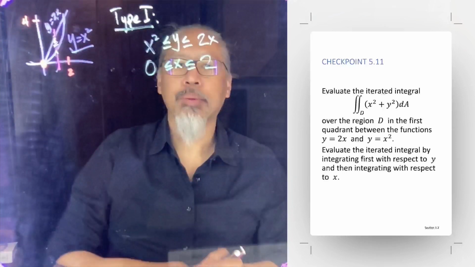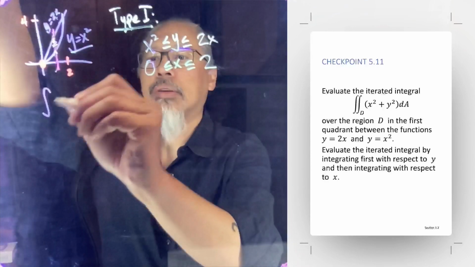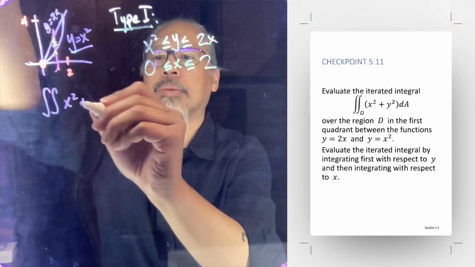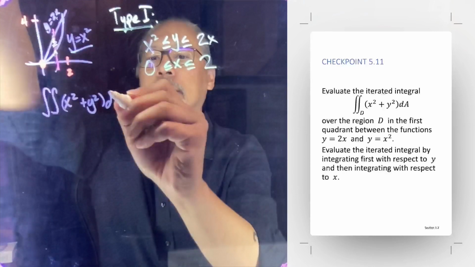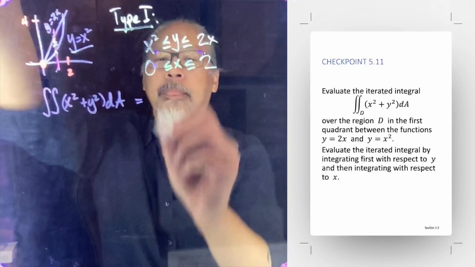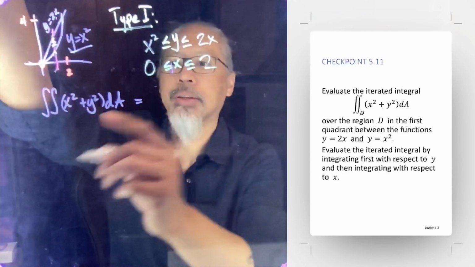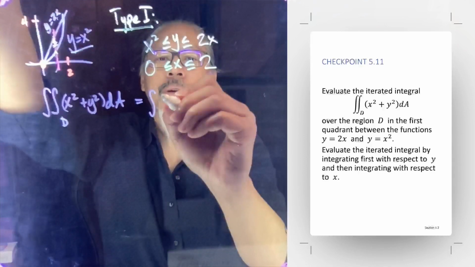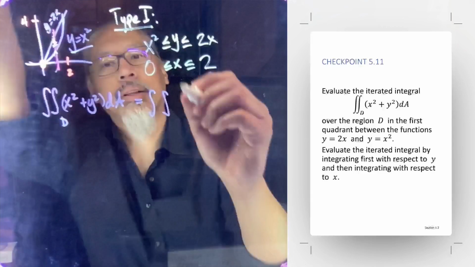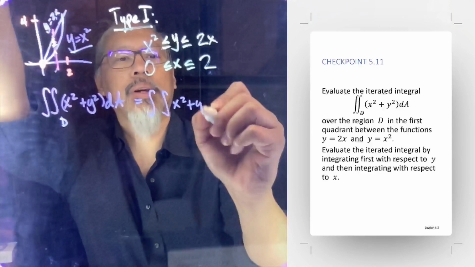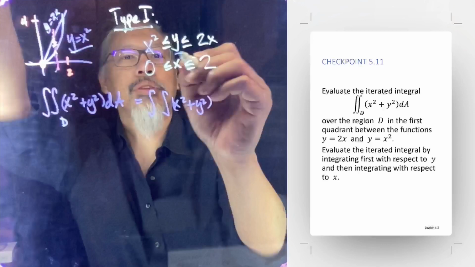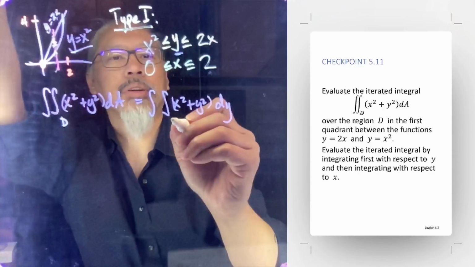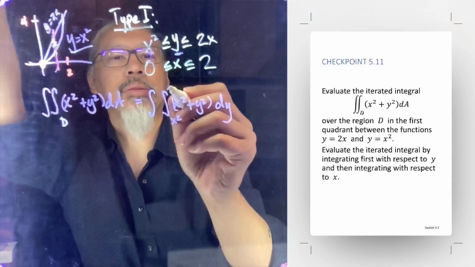Now that we have this, we can set up our double integral. The double integral over D of x squared plus y squared dA becomes an iterated integral. We have x squared plus y squared, and we're going to integrate with respect to y first, with y limits going from x squared to 2x.